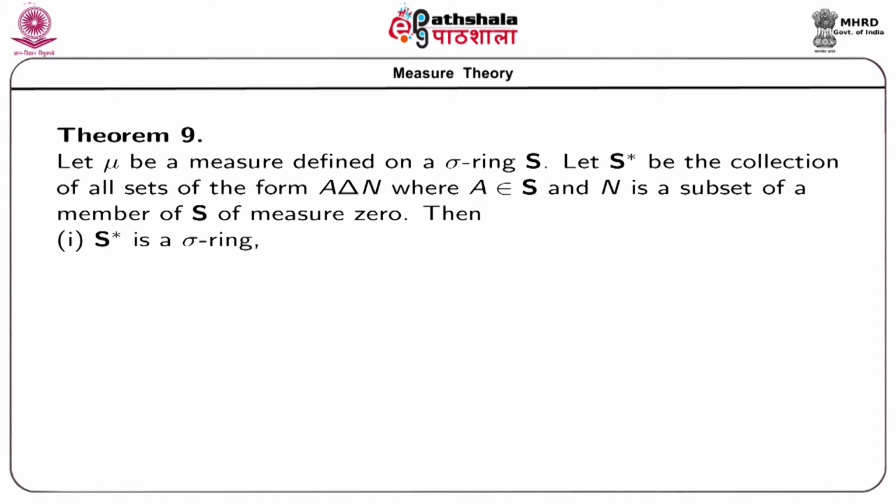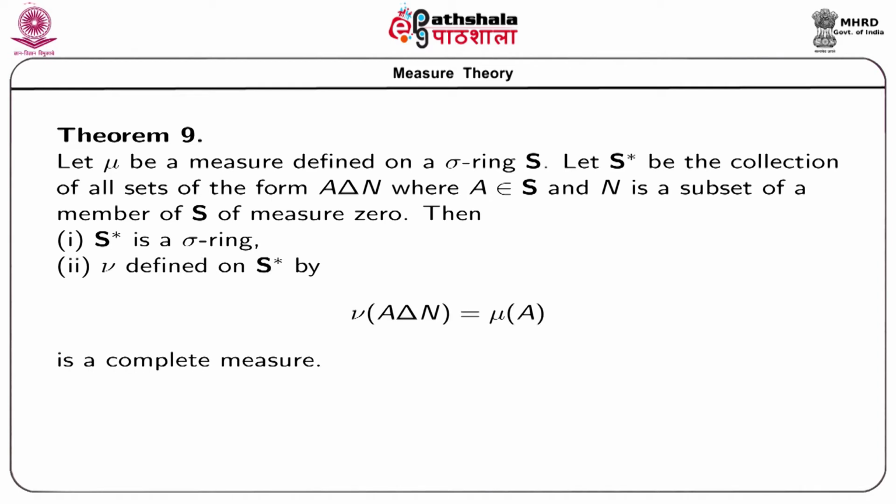Then we first show that S star is a sigma ring, then we show that the set function nu defined on S star by nu of A delta N equal to mu of A is a complete measure.